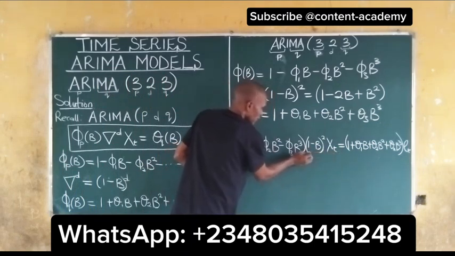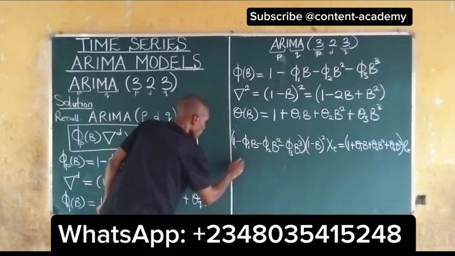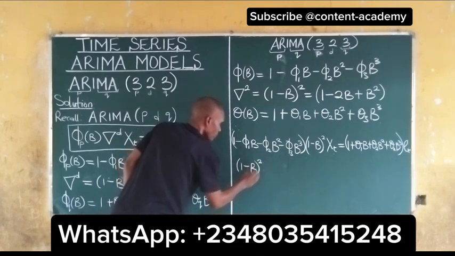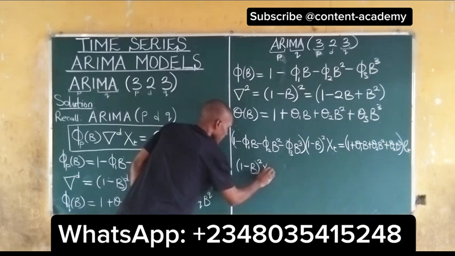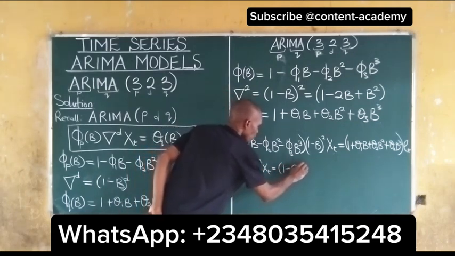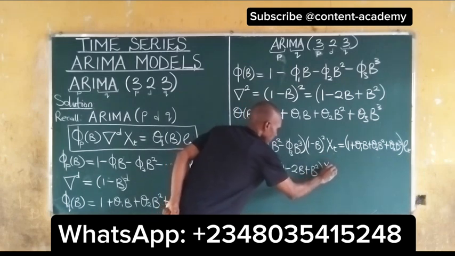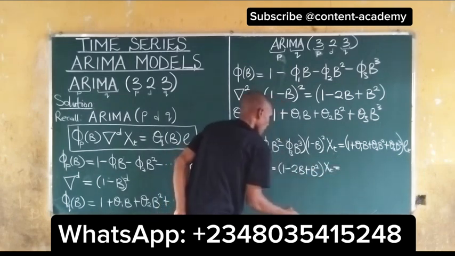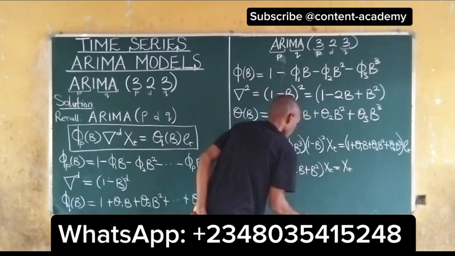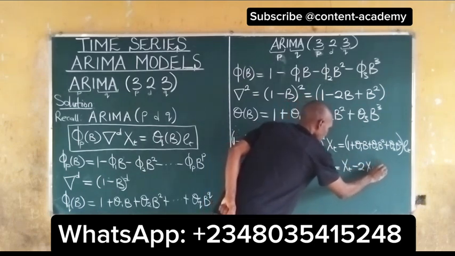Now, we have to rewrite this out properly. Let us take that of the backward shift part, the differencing part. 1 minus B squared Xt is the same thing as 1 minus 2B plus B squared Xt, which is the same thing as Xt minus 2Xt minus 1.